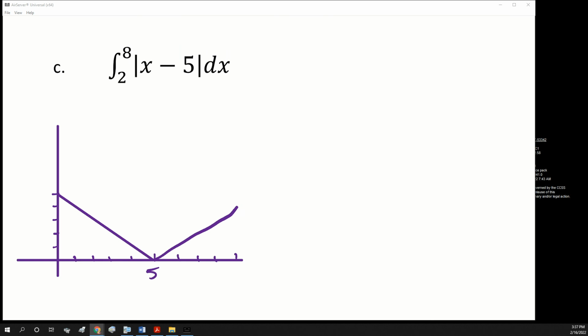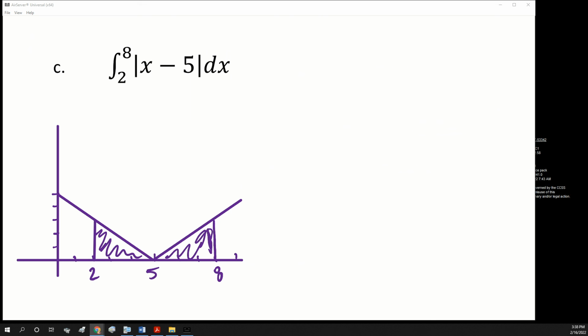It's kind of all over the place. But anyway, this basically is what the graph looks like. We are wanting the integral from 2 to 8. So this is 2, this is 8.